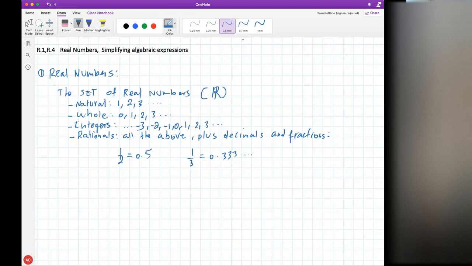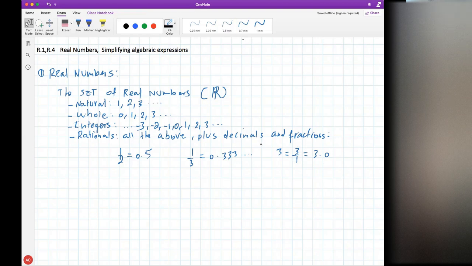Okay, so that's basically the group of rational numbers. And any of these numbers, all the previous groups, are basically rationals because we can take any number and turn it into a decimal or a fraction. For example, if you take 3 here, it's the same as saying 3 over 1. It's also 3.0. So any one of these numbers can be turned into a fraction or a decimal without changing the value.